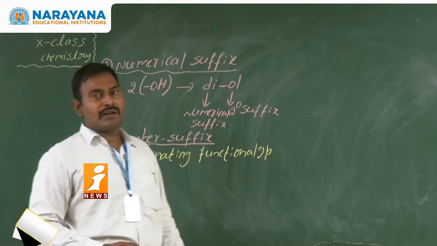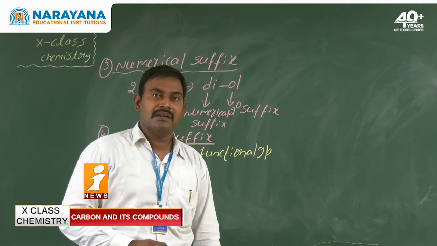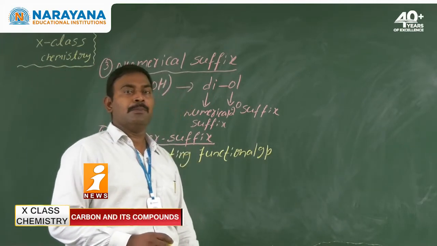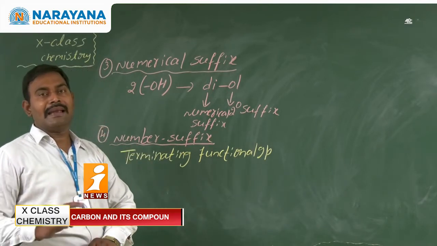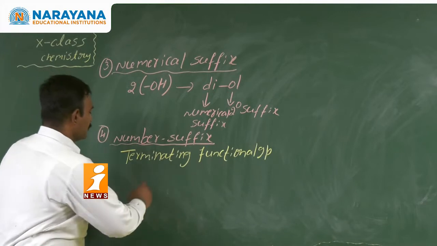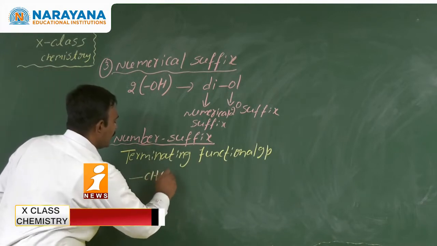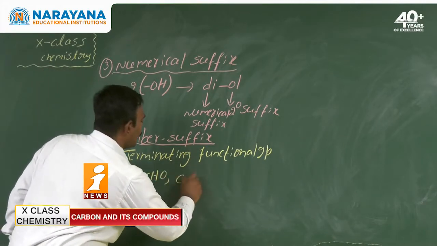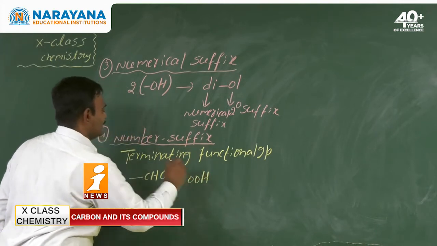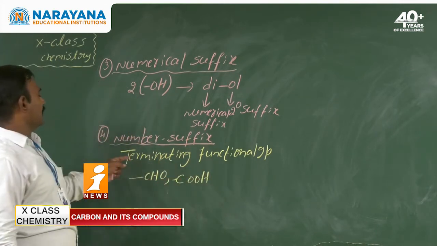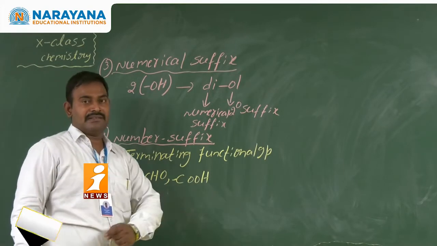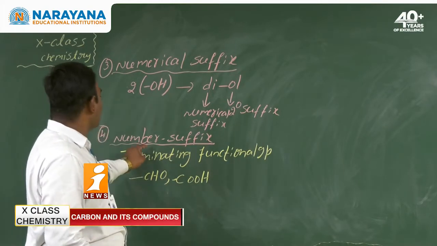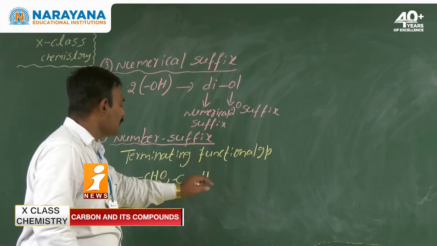The functional group starts with carbon, and the numbering should always start from the functional group, which always comes at the end position. Terminating functional groups are the aldehyde and carboxylic acid.